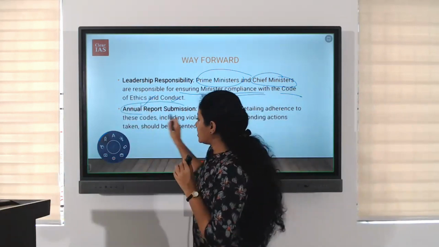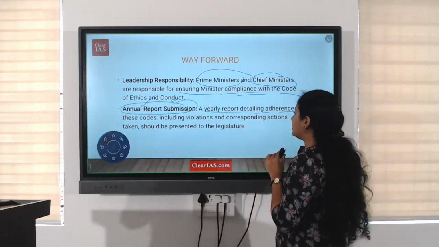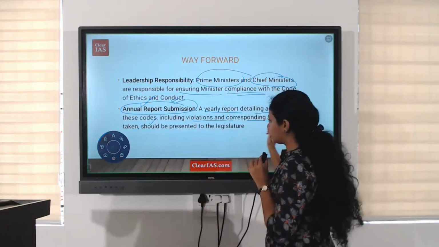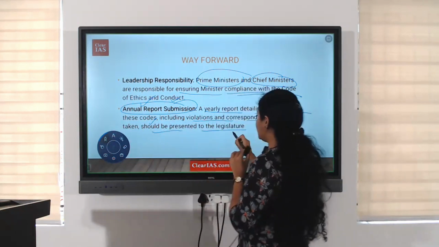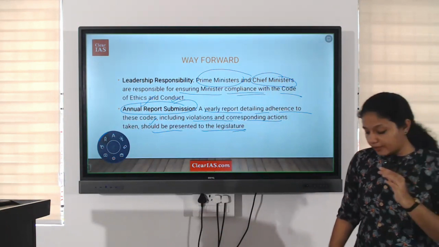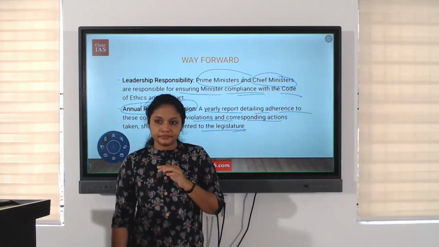Now, annual report submission is another way forward. A yearly report detailing adherence to these codes, including violations and corresponding actions taken, should be presented to the legislature. What will it initiate? It will initiate checks and balances.